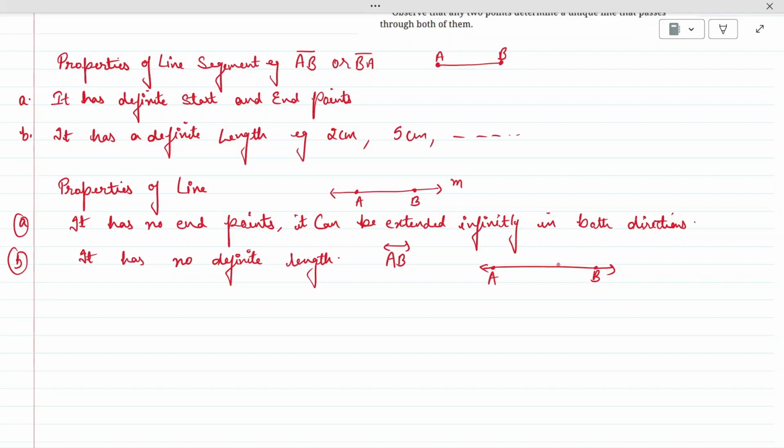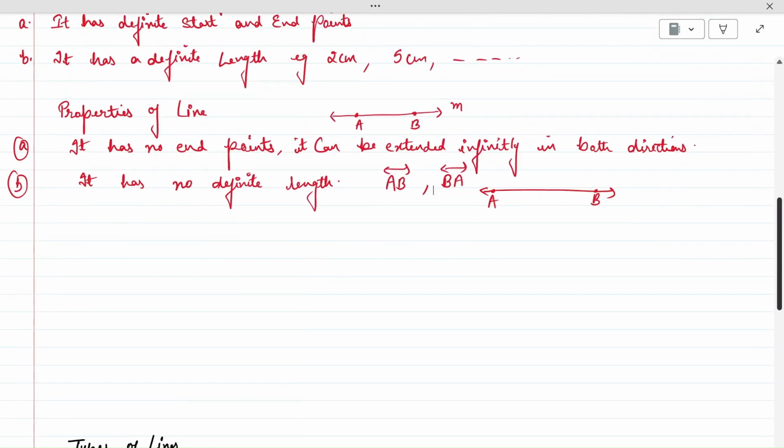These points are on the line and they are not the start or the end point of this line. I hope this is clear. Similarly, I can also represent it as BA. We can write it as AB or BA, both. So kids, this was about line segment and points.